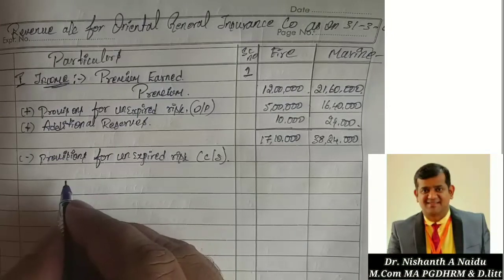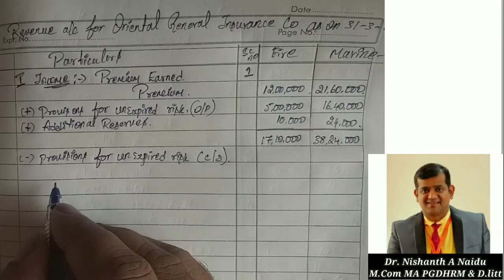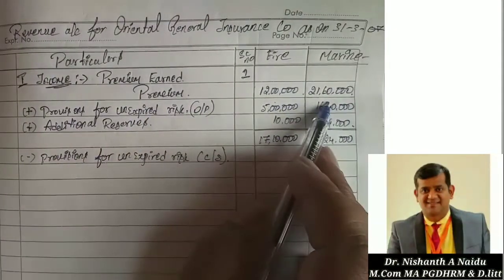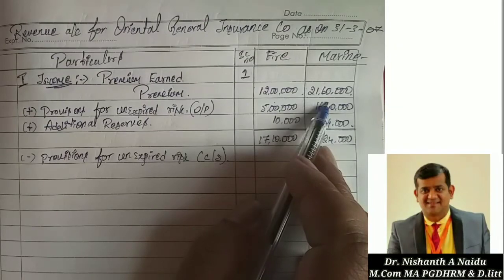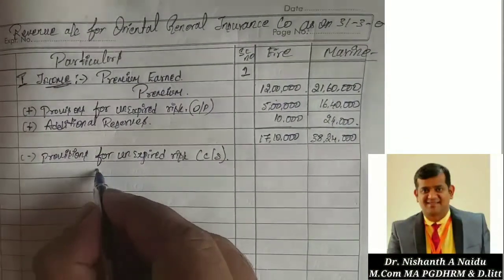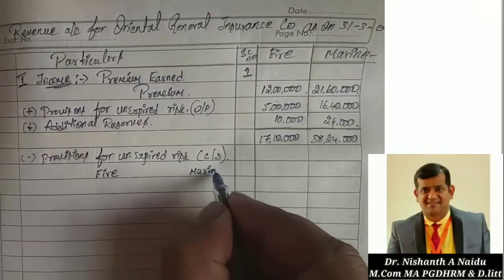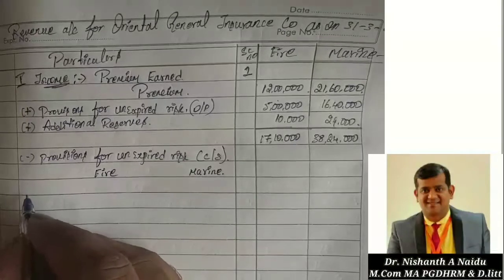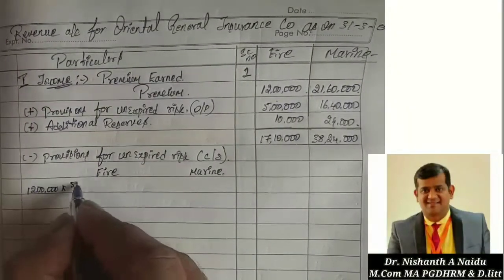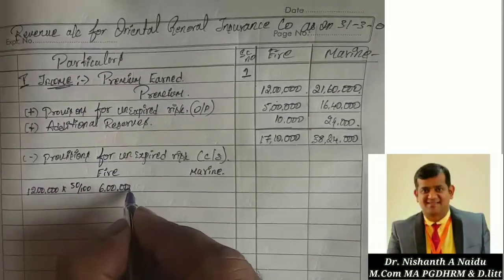So for fire, that is on net premium. Remember, net premium is only the premium value here, 12 lakh and 21 lakh 60,000. Clear? I am writing fire and marine here so that we don't get any confusion while calculating. 50% means 12 lakh into 50 by 100, so that comes to 6 lakh for fire.